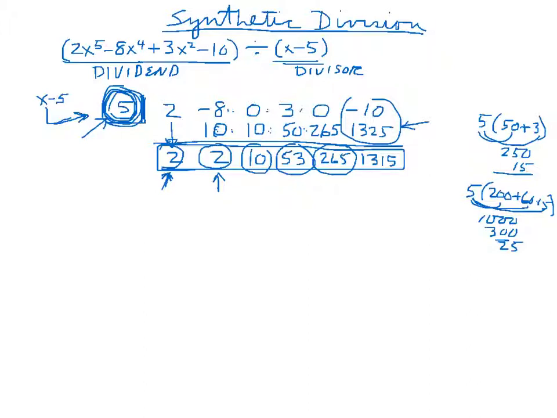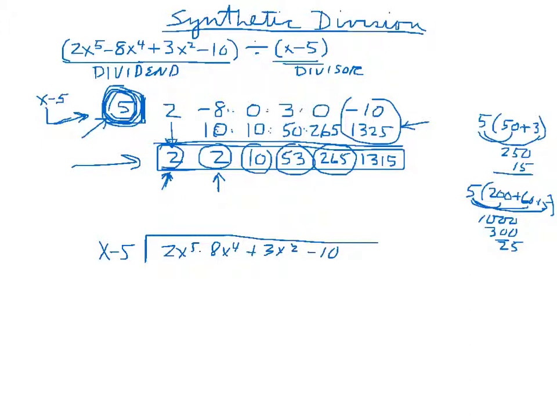Now let's interpret our result. Remember that this bottom line is our answer. It means that if we had done x minus 5 divided into 2x to the 5th minus 8x to the 4th plus 3x squared minus 10, the quotient up here is everything in my answer line except the last number.